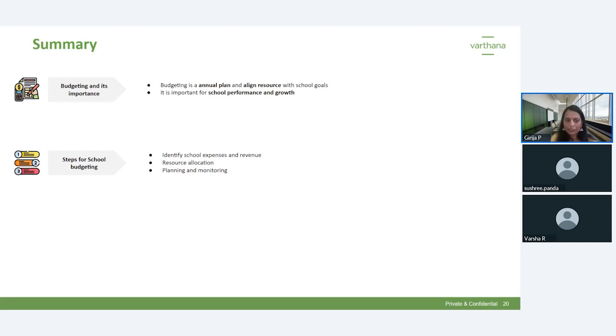At the end, we talked about tips for better school budgeting. Whenever you're doing the budgeting, your budget should be aligned with your academic goals, and decisions should be driven by the data you're getting from different sources.